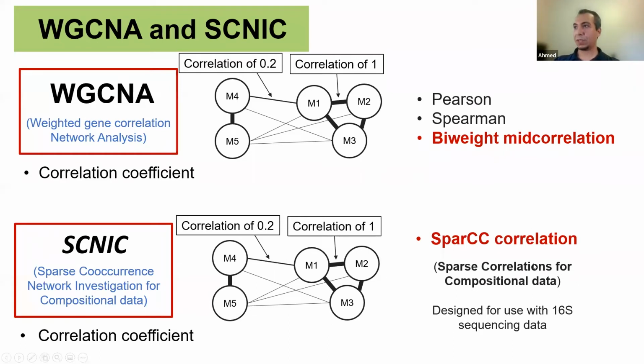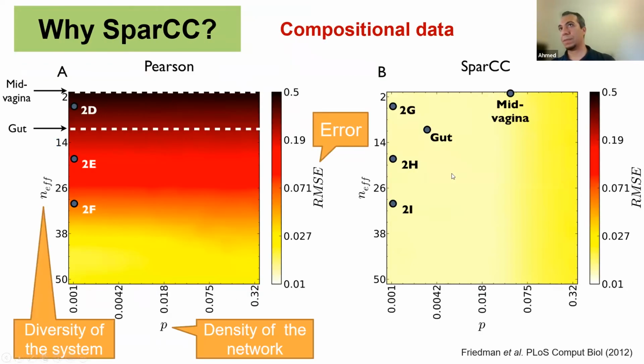It was initially designed for 16S sequencing data, but it can work for anything else as well. It employs the SPARCC correlation for calculating these edges. So the next two slides are going to be focused on why SPARCC is actually better than using Pearson in some cases for calculating the correlations between relative abundances of different taxa.